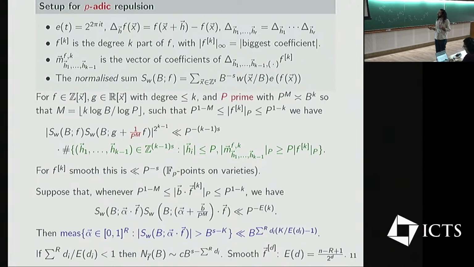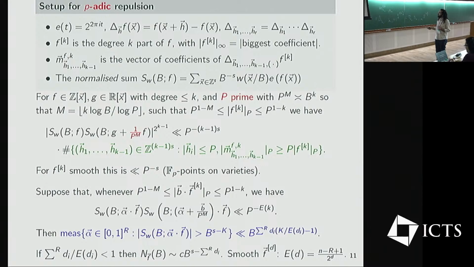Okay. So p-adic repulsion looks a tiny bit different. Instead of asking for this vector of multilinear forms to be small in the Archimedean sense, now we're looking at it for a polynomial f which has integer coefficients, and we want it to be... I guess this should be a... Okay, yeah.